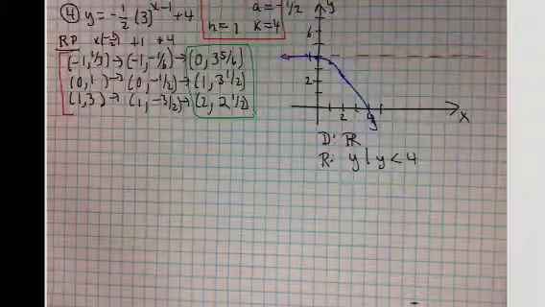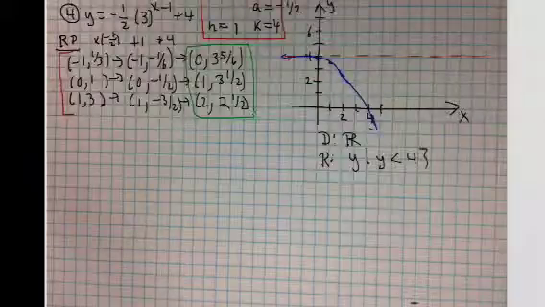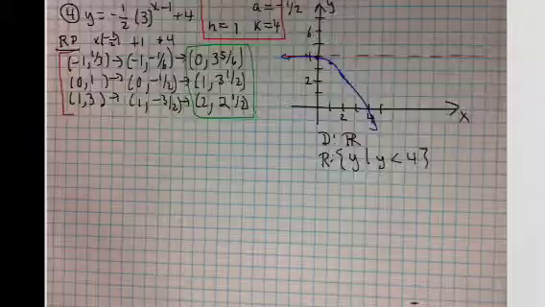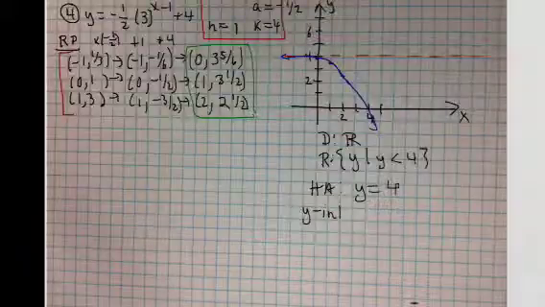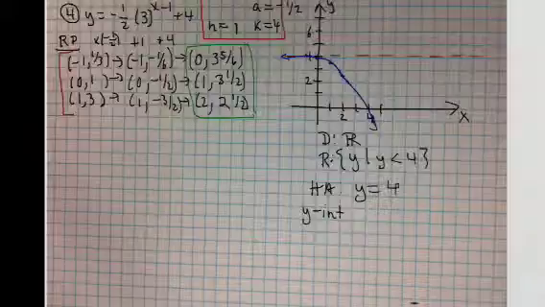We use the k value for that upper limit, and we know it's less than because the graph is below the horizontal asymptote. Your horizontal asymptote is y equals 4. And we lucked out on this one with the y-intercept because we don't have to do any additional work. One of the 3 points in green is the y-intercept, so it's 0, 3 and 5/6.